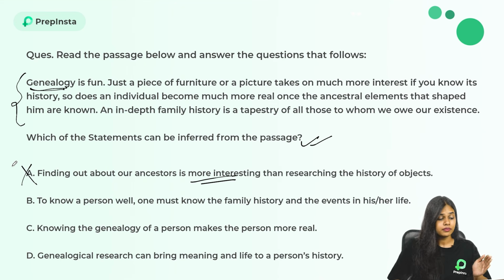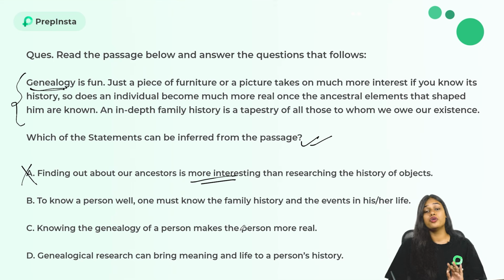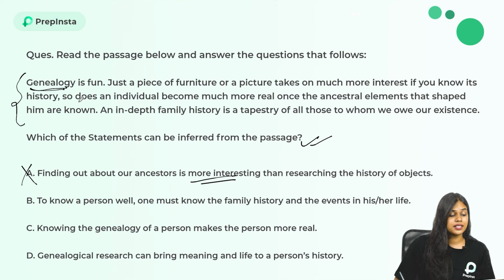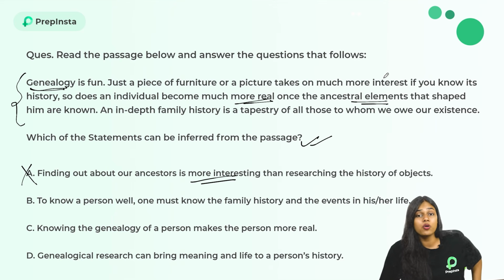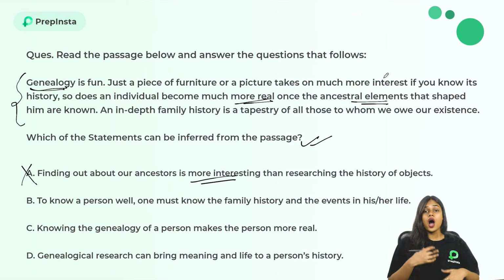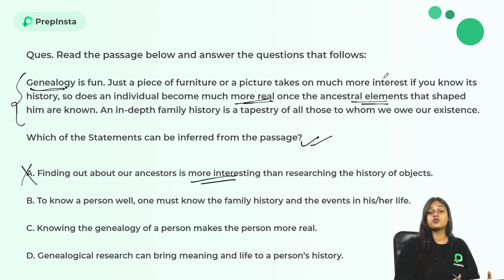Knowing the genealogy of a person makes the person more real. So this line where it says, so does an individual become much more real once the ancestral elements that shaped him are known. So we are talking about how a person can become much more real to another person if you know the genealogy, if you know the ancestral elements of the person, right?